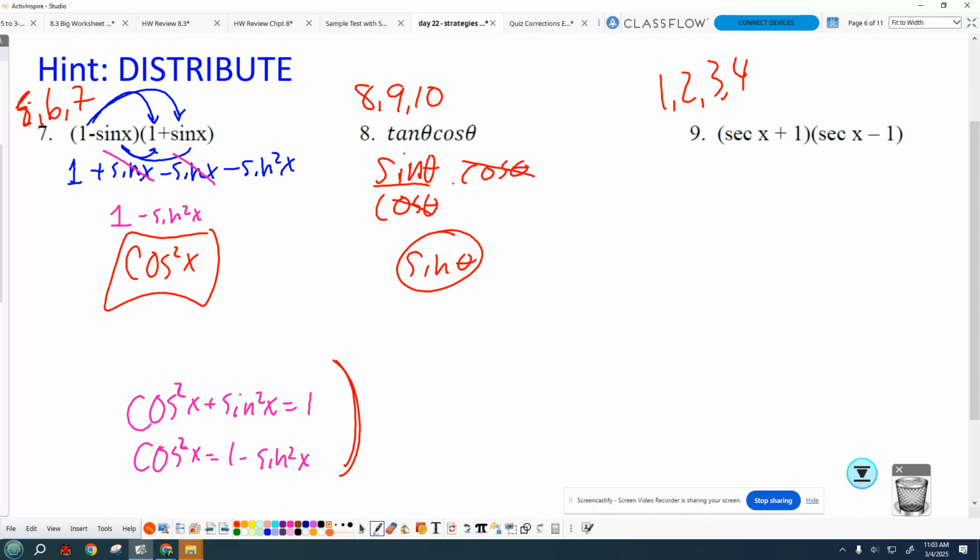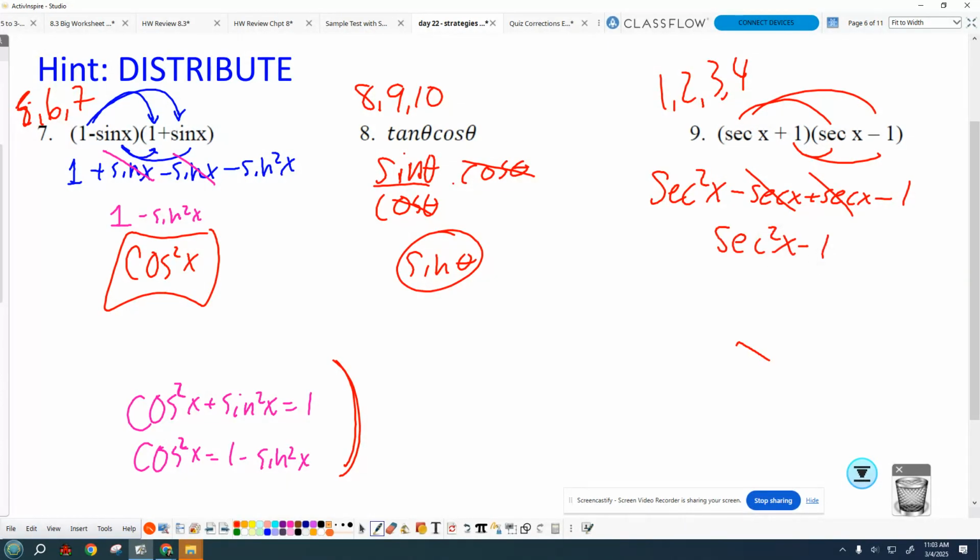So, distributing, what do we get when we do this? Secant squared minus 1, because positive secant and negative secant cancel out. That doesn't look right.